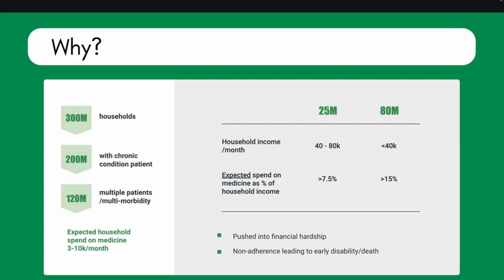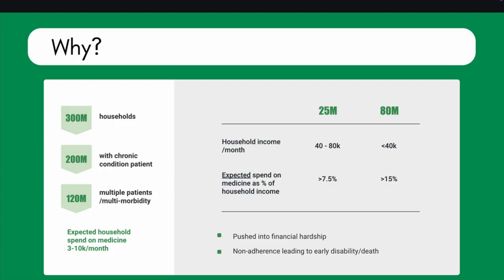And their household income is really, really low. 25 million households earn 40 to 80k per month, 80 million households earn below 40k, and the rest are even below that. Their medicine costs are up to 7.5 to 15% of their monthly income.